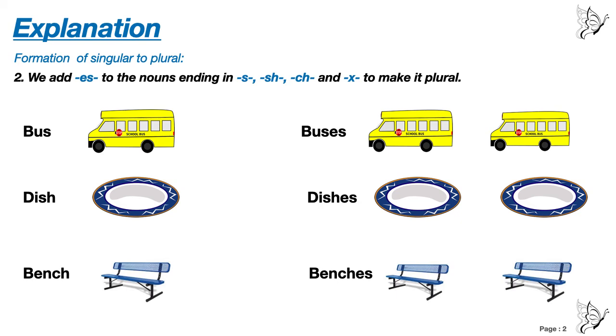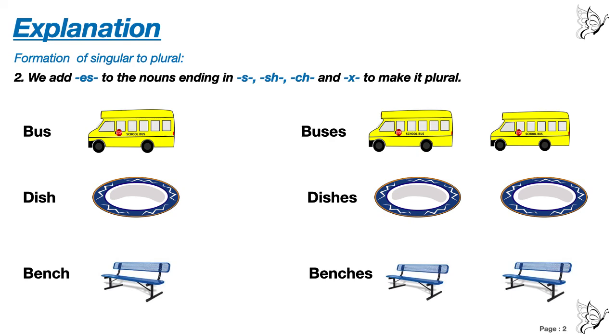The noun which ends, ending means जो खत्म होता है. S is the last letter, yes or no? In dish, we have sh as the last letter. In bench, ch is the last letter.